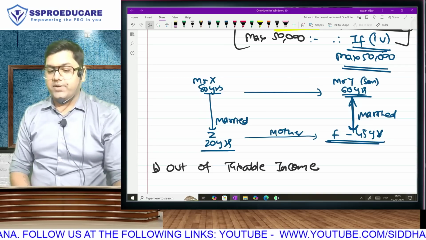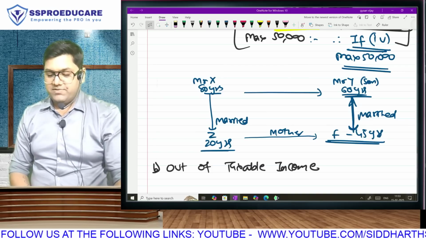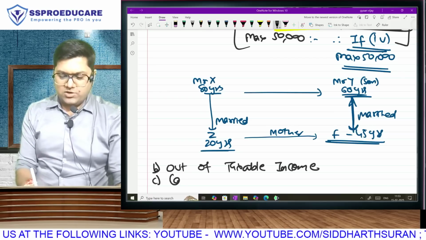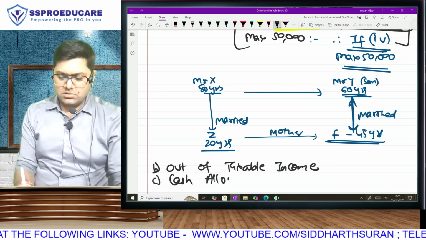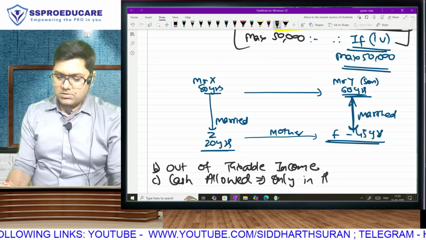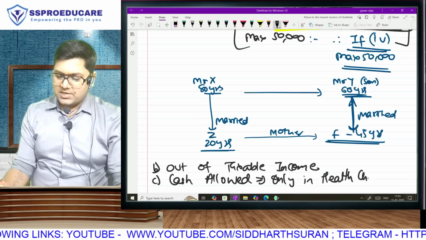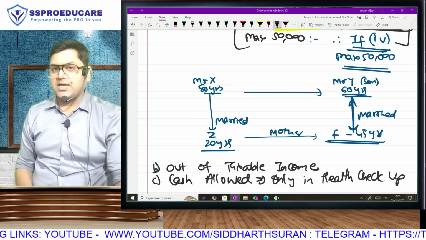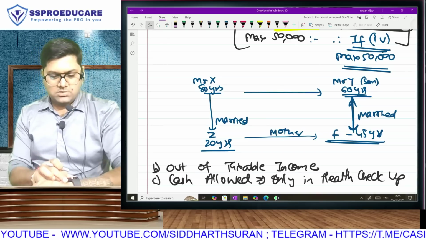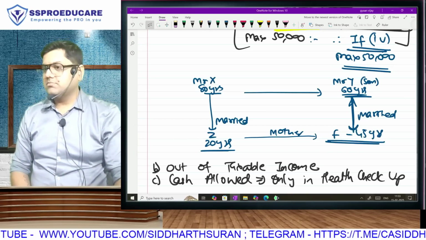It has to be made out of my taxable income. Everyone is with me? Next, in this section, did you observe cash was allowed? But only and only in health checkup. Do you remember in other cases cash not allowed? Cash was allowed only in preventive health checkup. Correct hai?